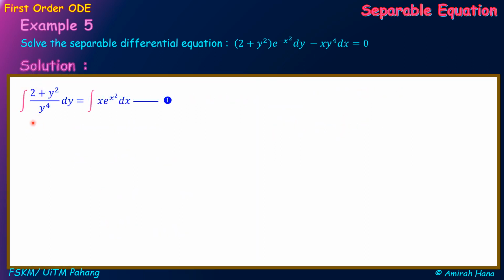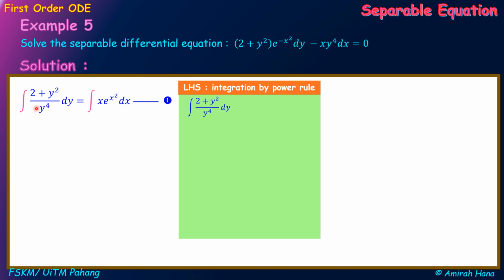From the previous slide, we get this, and we name it equation 1. Now we need to integrate one by one: the left hand side, and then the right hand side. For the left hand side, we can integrate using the power rule. So for the integration of (2 plus y squared) over y to the power of 4 dy, before we integrate, we can separate.